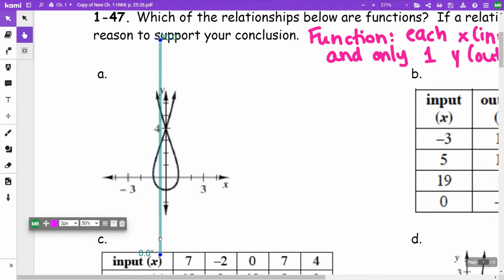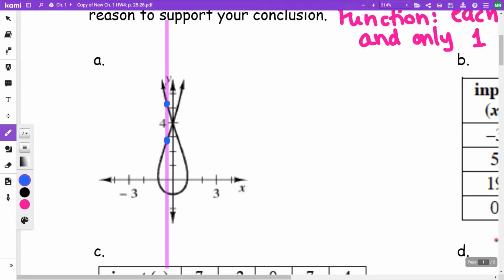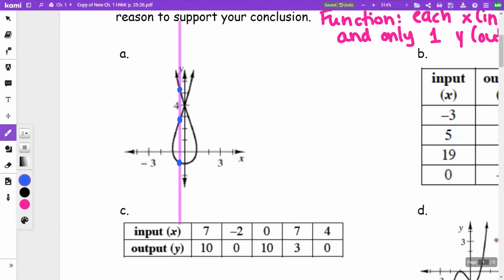So for example, right here, I see that for this particular x, I have it touching 1 time, 2 times, 3 times. That means that that particular x has 3 different outputs. We cannot have that happen.